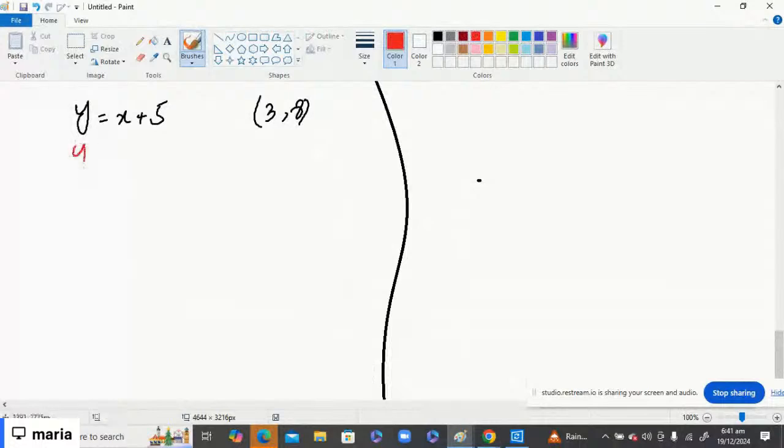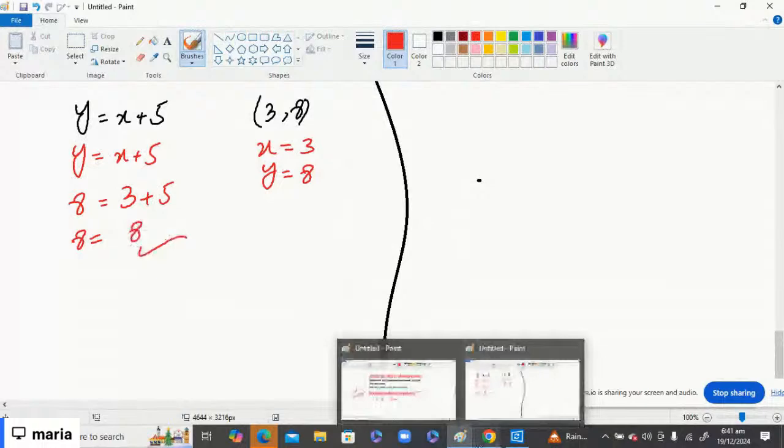So here y is equal to x plus 5. Your value of x is 3. Your value of y is 8. So the y value is 8, and the x value 3 plus 5 is 8. So 8 is equal to 3 plus 5, which is 8. This one is the same.